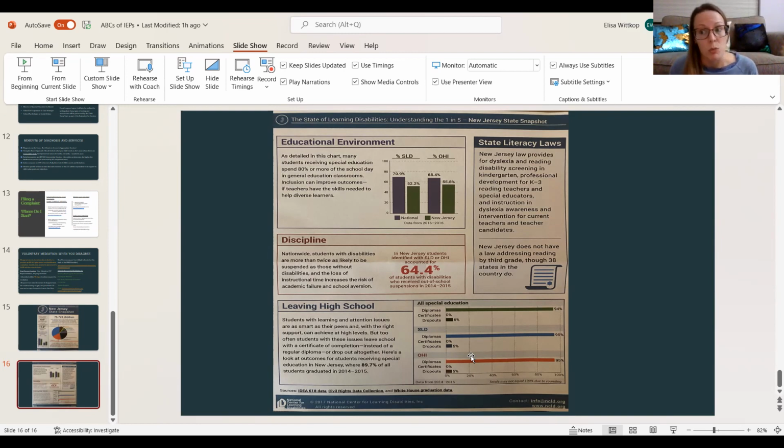But if you have an issue with the state responding on time, or with the way the state is delineating federal funding, there are some states that like to take in the federal funding that they get for kids that have IEPs, but it doesn't always trickle down to all the departments it should go to.